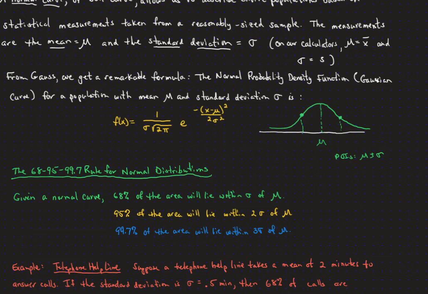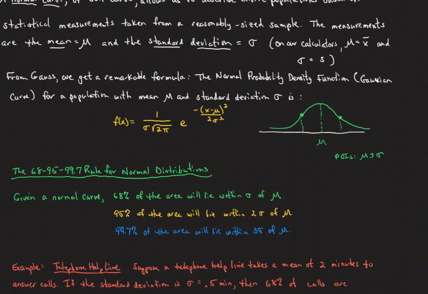So it's given by this kind of messy looking thing: f of x equals 1 over sigma, that's our standard deviation, times the square root of 2 pi, which comes from the area underneath that curve to make it be 1. And then we have e raised to the negative (x minus mu, which is our mean) squared over 2 sigma squared. So if we have time after the AP exam, we might explore this some more.